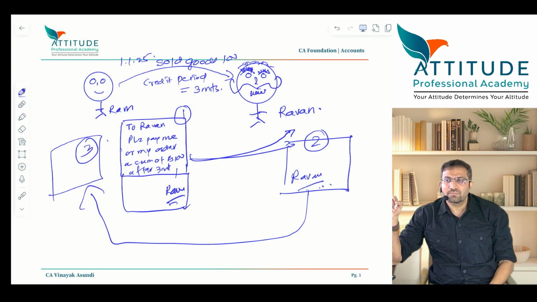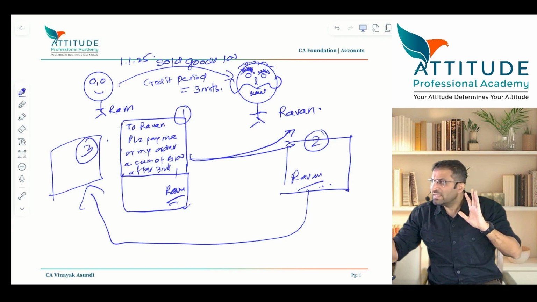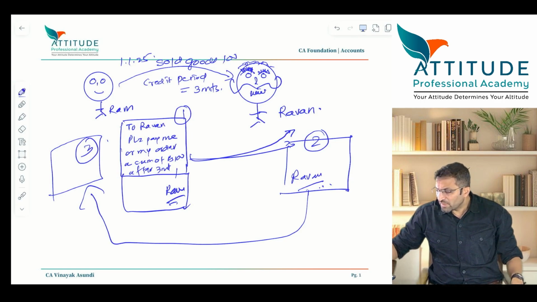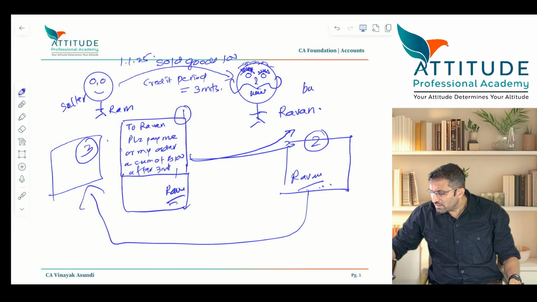Is it making sense? Is that clear? Now tell me, who is Ram here? Ram is a seller. Come on, speak up. Who is Ravan? Buyer. In fact, if I put it as debtor and creditor, Ravan is a debtor. Yes or no?